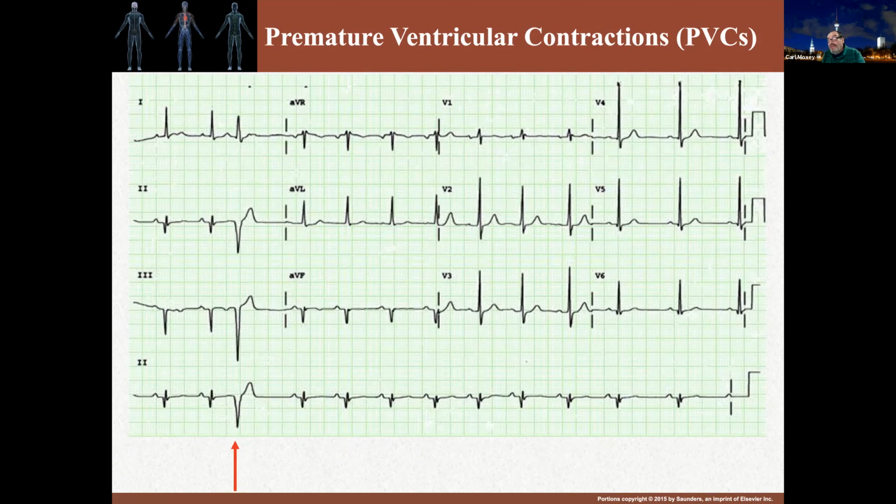And remember, these are all sequential. So the only evidence of this PVC is in the 3 limb leads. And again, you can see that it's premature because it occurs much faster than your normal QRSs are here, and long before you can generate a P wave.